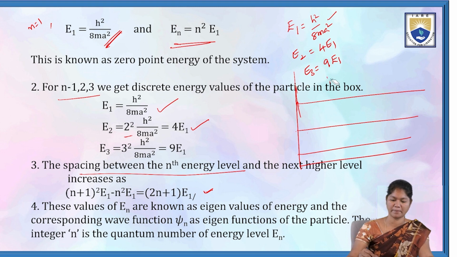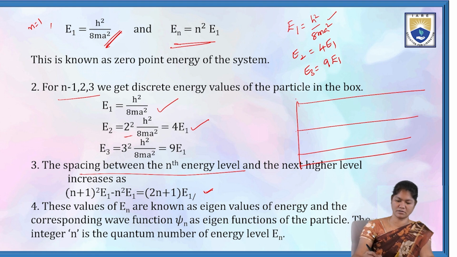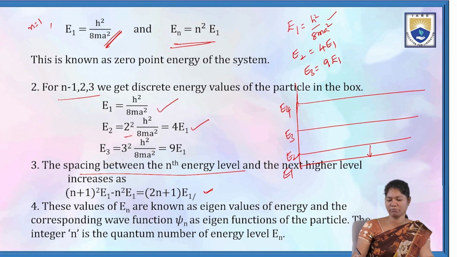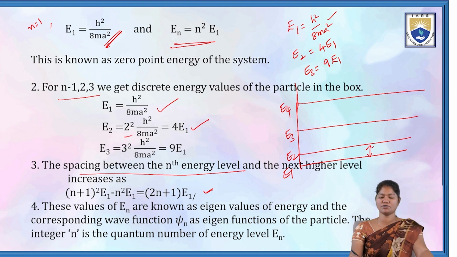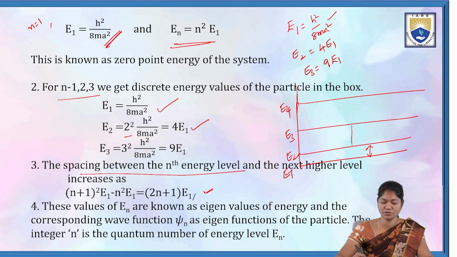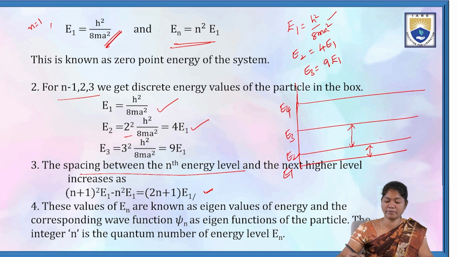The spacing between E1, E2, E3, E4, compared to the spacing between two other energy levels, is increased. The spacing between the energy levels to the next higher energy level increases.